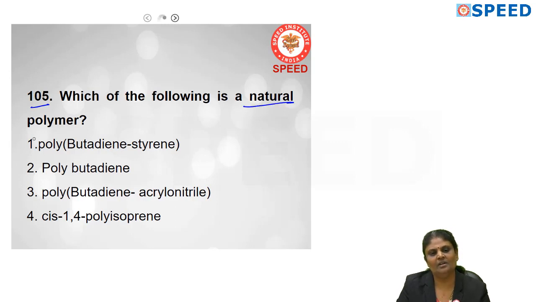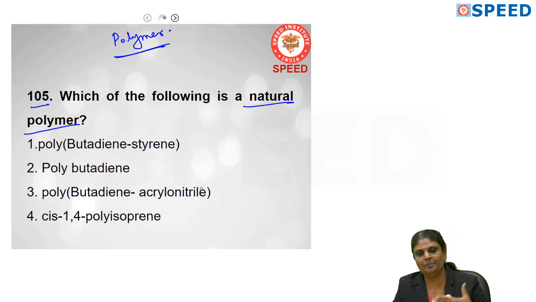Okay, so this is from polymer chemistry. So in polymer chemistry we discussed natural polymers as well as the artificial polymers, that is the polymers present in the living organisms, and we prepare some polymers in laboratory. So this one is natural polymer.